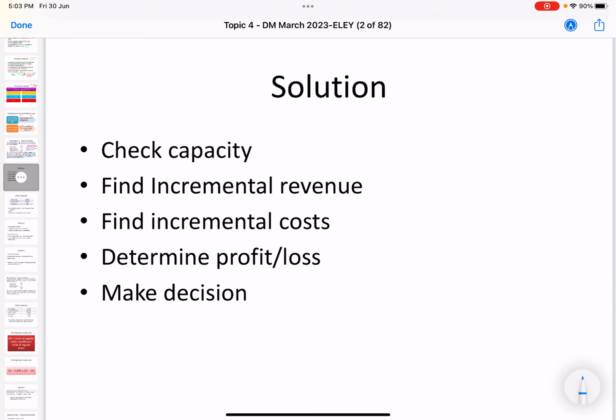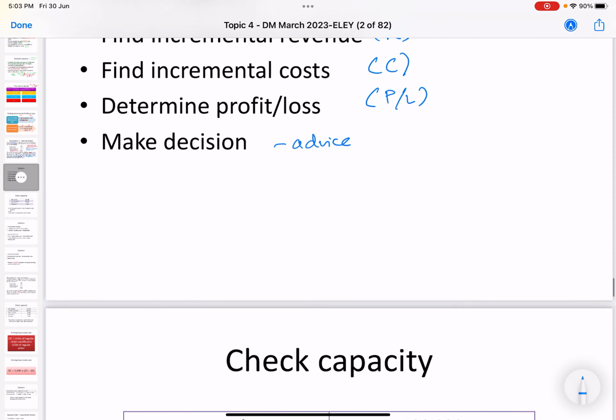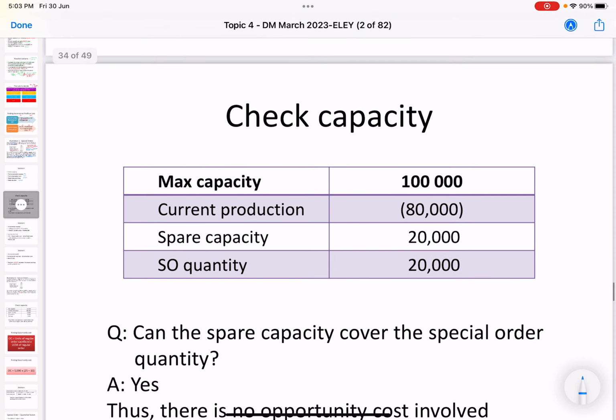So for the solution, I give you a simple 5 steps. First is check capacity. Second is find how much is the revenue. Third is find how much is the cost. And then fourth is how much is the profit or loss, and make the decision or advice. Very simple.